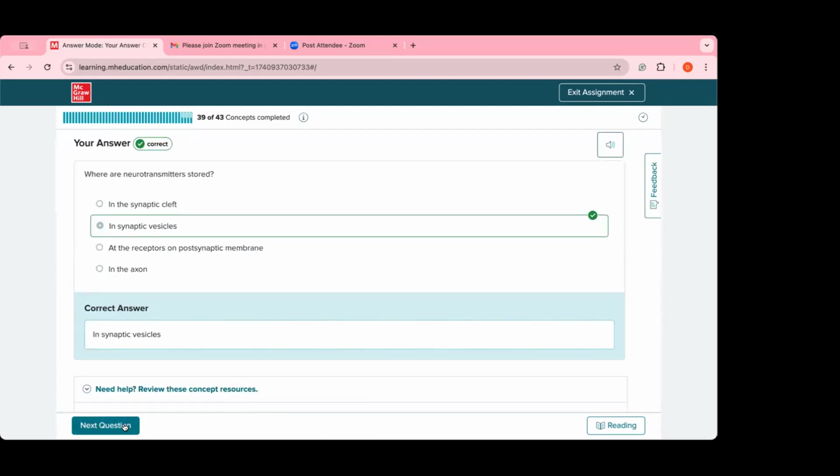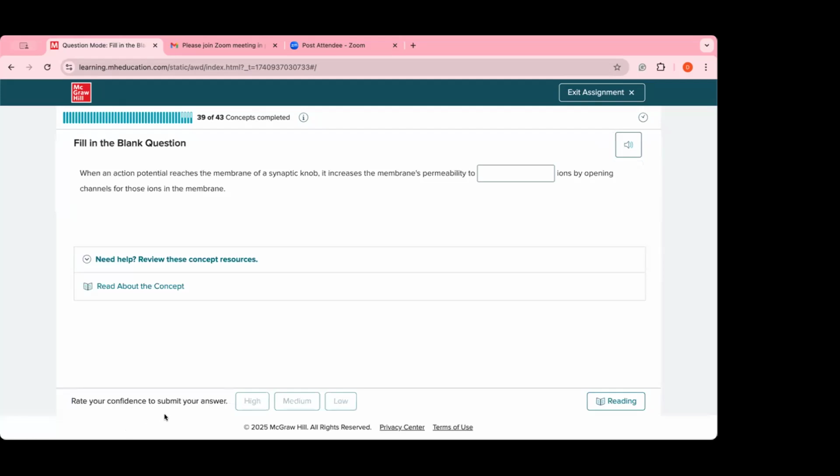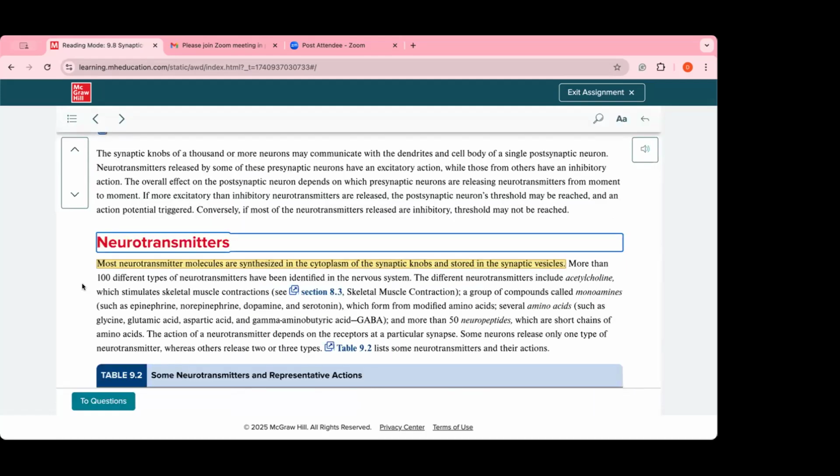Cool. Next question. When an action potential reaches the membrane of a synaptic knob, it increases the membrane's permeability to... I want to say calcium, but I don't know for sure. Go ahead and read about it.